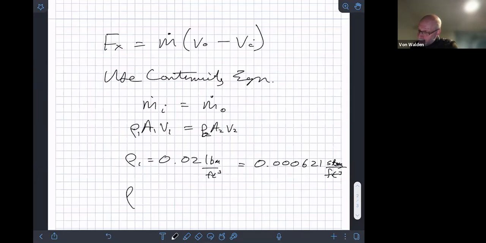And we were given that rho 2 equals 0.06 lbm per cubic foot. If we convert that to slugs, it's basically 3 times larger than this number, 0.00186.